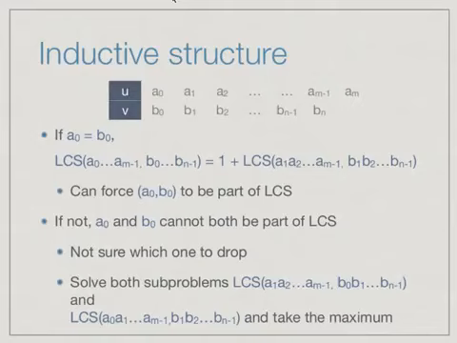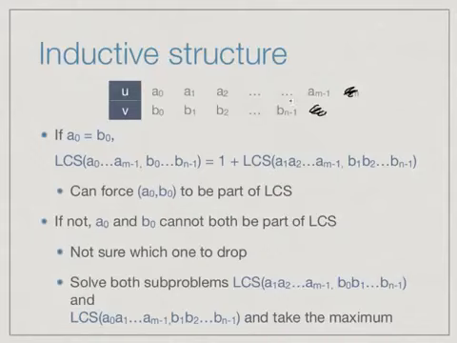So what is the inductive structure of the longest common subsequence problem? As before, we have the words laid out. We can say A0 to Am minus 1. It doesn't matter how you choose it, but in the picture it says Am, but if you want, you can ignore these last two entries here.